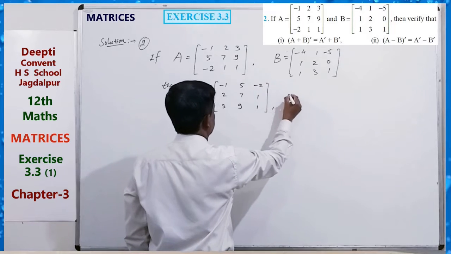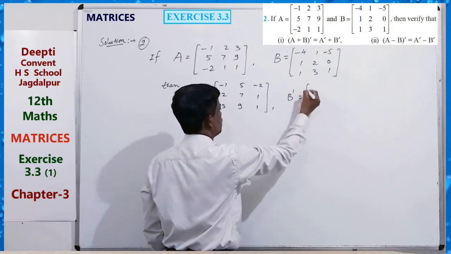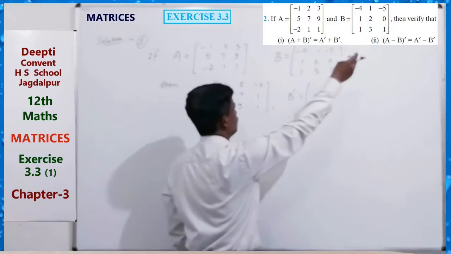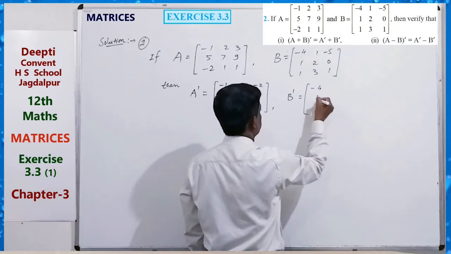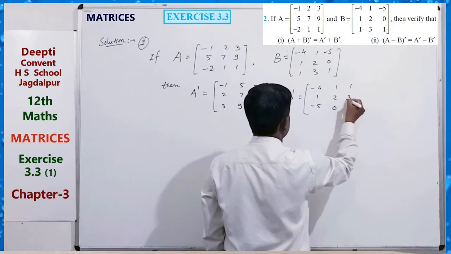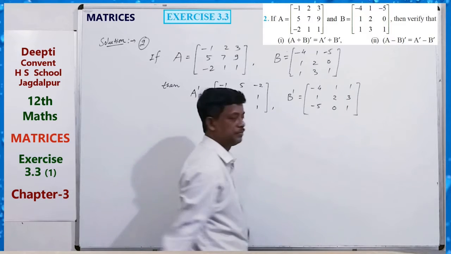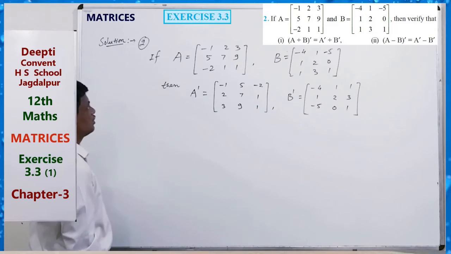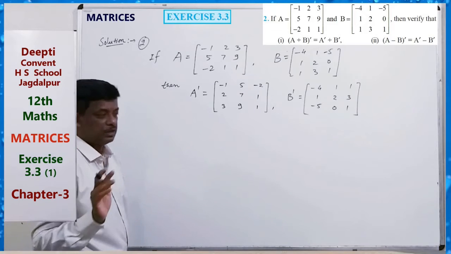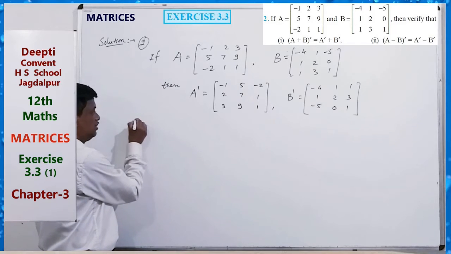And B dash will be what? Just transpose, row to column: minus 4, 1, minus 5, 1, 2, 0, 1, 3, 1. If A equal to this, B equal to this, then A dash equal to this, B dash equal to this. Now to verify.